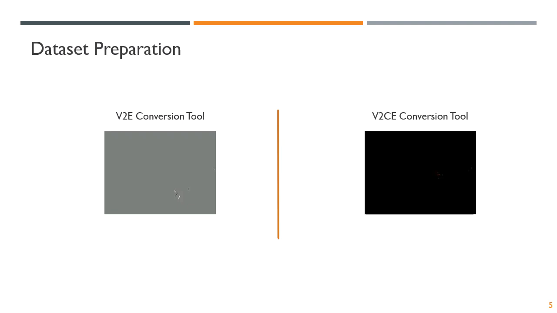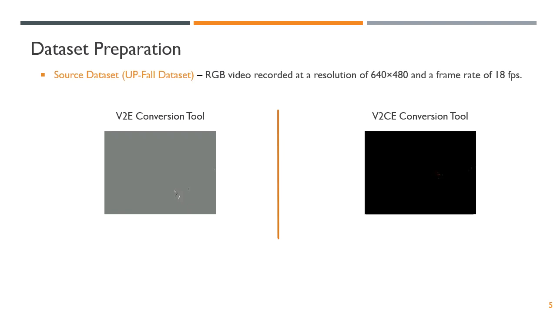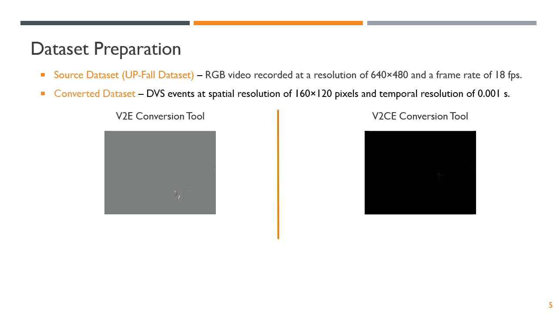Here, two methods called V2E and V2CE for conversion of video datasets to events are shown. The source dataset I used was the UB fall detection dataset, which was converted to DVS events at a lower resolution and a higher temporal resolution using these tools.